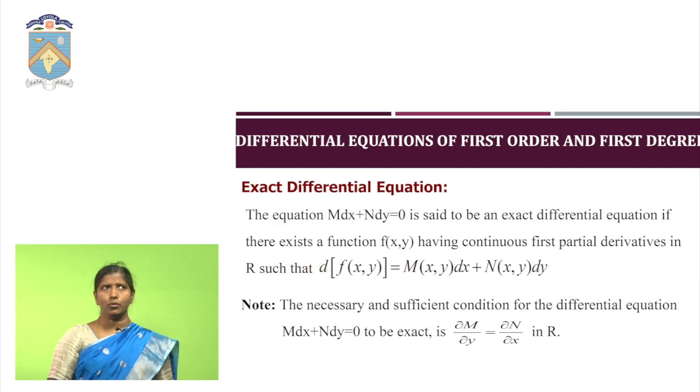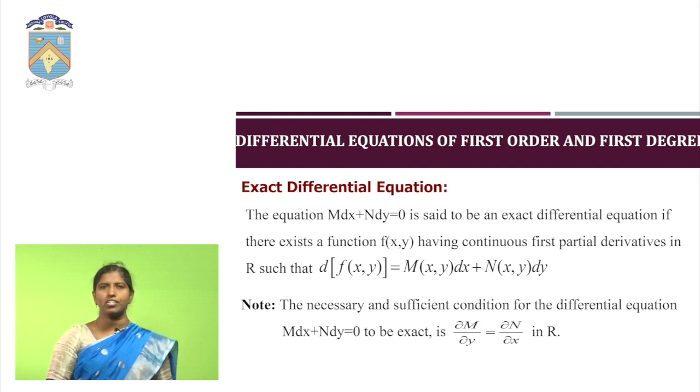Now, coming to differential equations of first order and first degree, we have numerous types of differential equations. In that, we will be discussing today about exact differential equations. An exact differential equation is of the form M dx plus N dy is equal to 0.